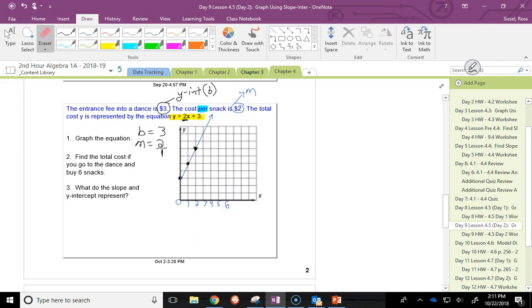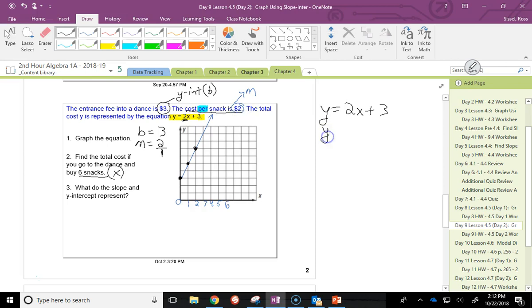I could either have bigger grid paper and do this, or I can just use our equation over here, y equals 2x plus 3. But they told us if we're buying 6 snacks, we're replacing that with our x. 6 snacks is x. Each snack costs $2.